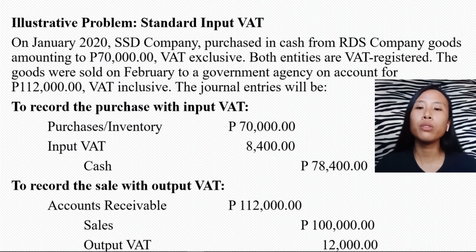The journal entries to record the purchase with input VAT: debit purchases or inventory 70,000, input VAT is also debited 8,400, and then cash is credited 78,400. To record the sale with output VAT, it's still the same as the other cases.